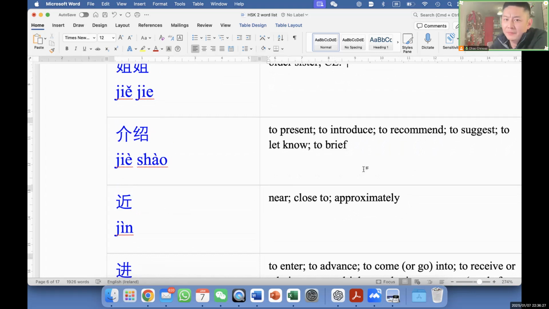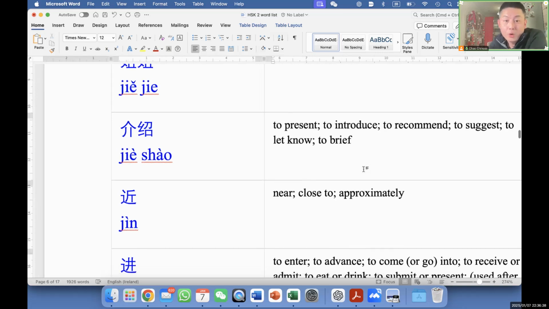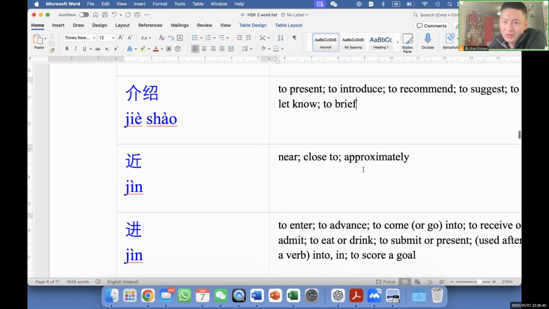That's a very common thing in China, especially in the older times, to introduce a girlfriend or boyfriend for somebody else. Matchmakers were very popular in the old days. Not so much nowadays, but still much more than in the West, where you don't really rely on other people's 介绍, recommendation, for finding your better half. But in China, we do that a lot more often.